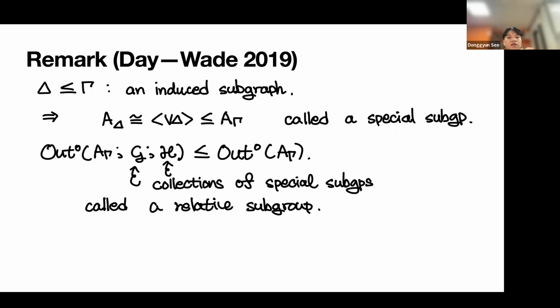some relative version of the automorphism group of the right-angled Artin group.